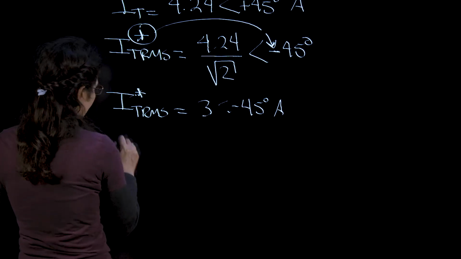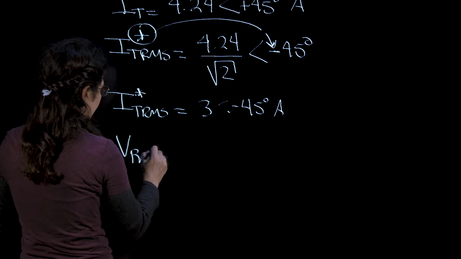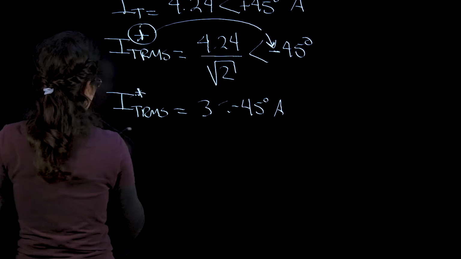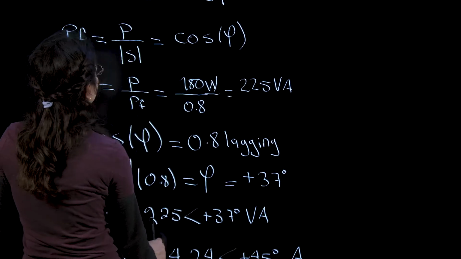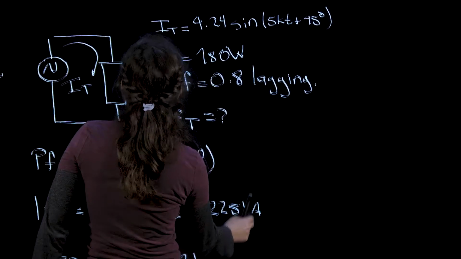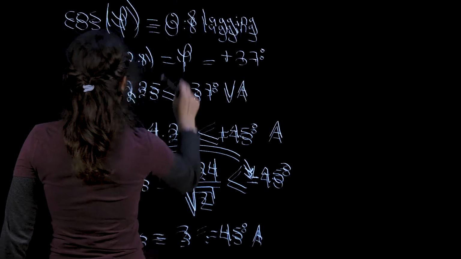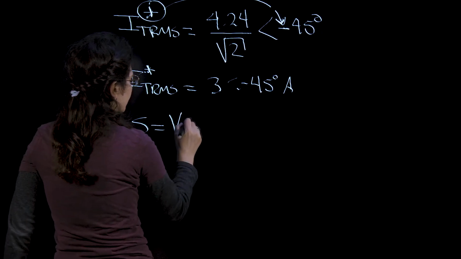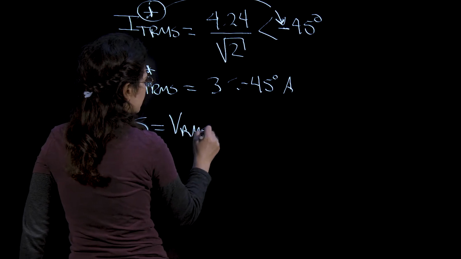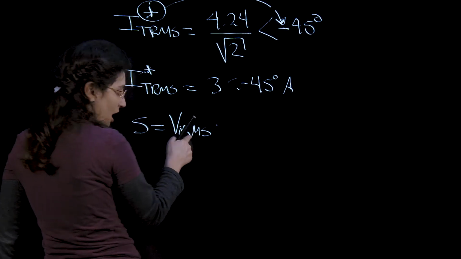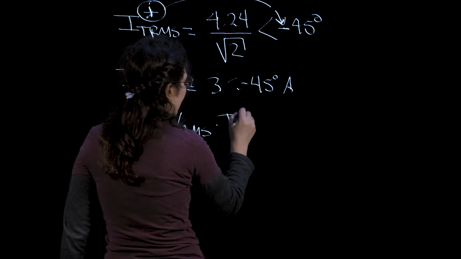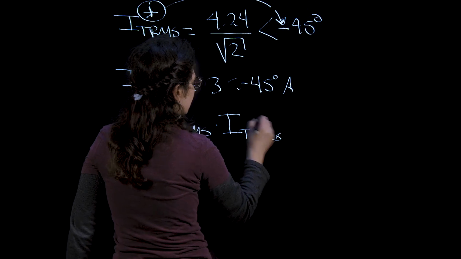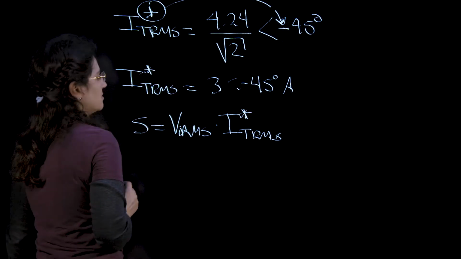So we can calculate our V RMS, because we know that our complex S can in general be calculated as the RMS of the input voltage times the RMS of the complex conjugate of the current.